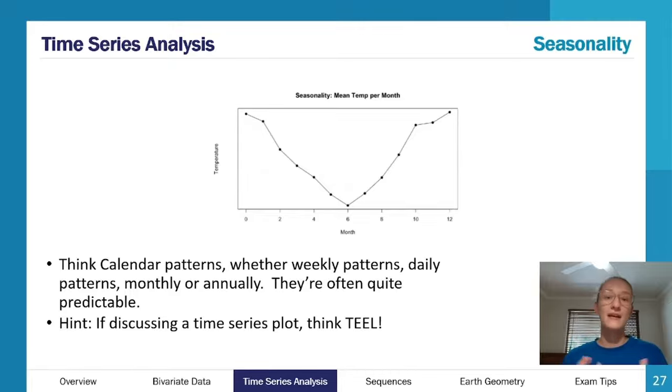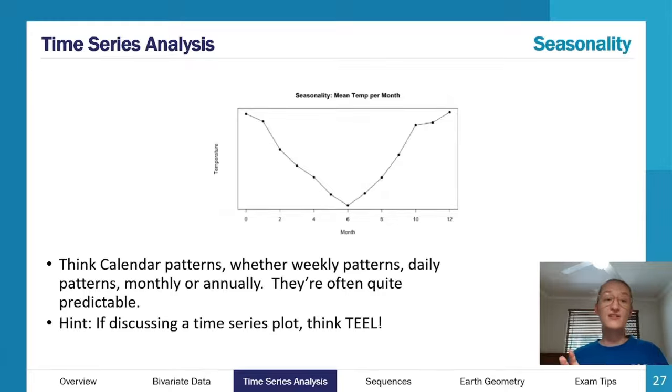Whenever you're giving a bit of a paragraph answer describing what you're seeing in your time series plot, it's really important to make sure that you're actually giving evidence, and the evidence that you need to give is the numbers and the patterns and the trends that you're seeing in your time series plot or time series graph. For example, I'm seeing that low point around month 6. Those are all the type of things that you're going to be talking about.